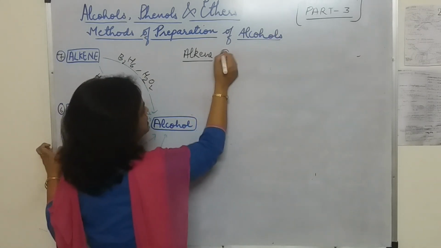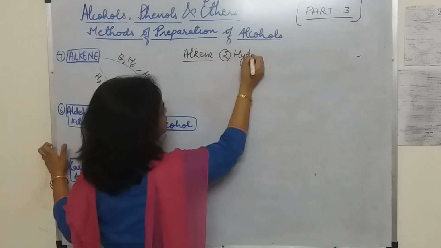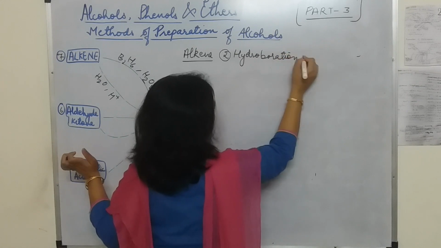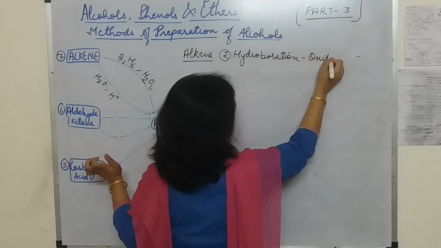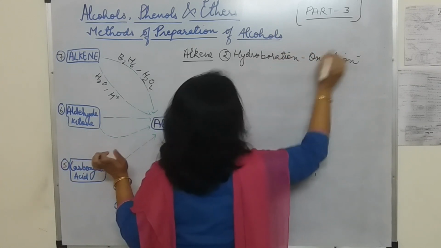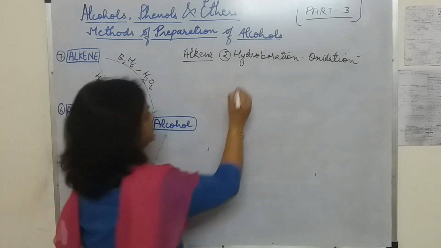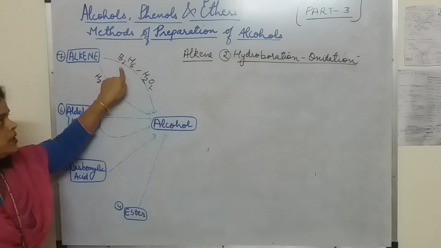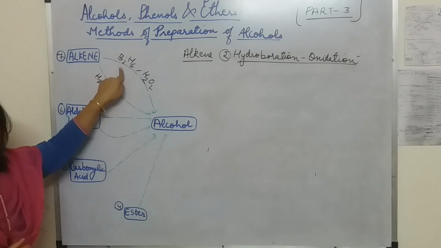The name of the method is hydroboration oxidation process. Here students, this B2H6 is called diborane, and its monomeric unit is BH3.